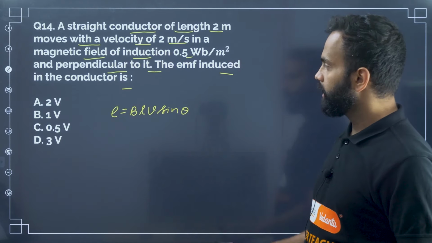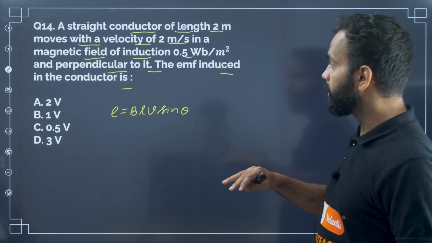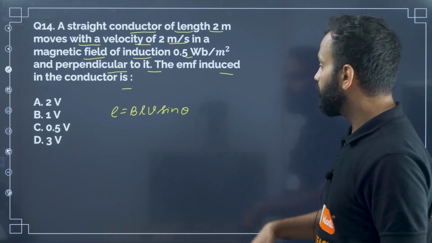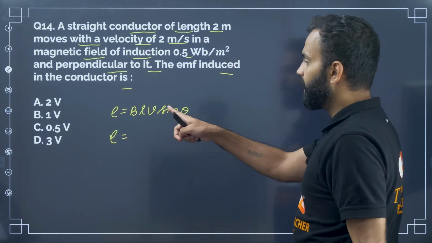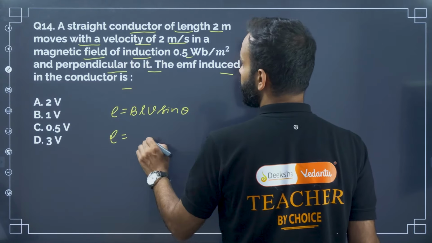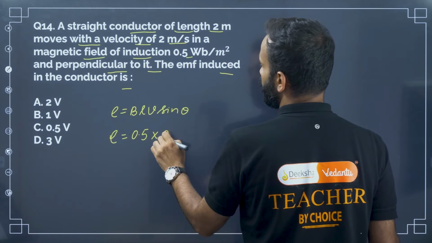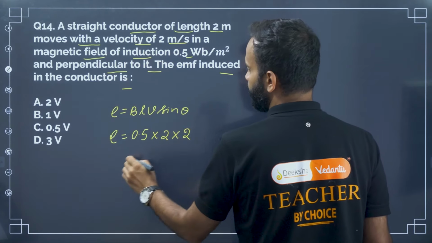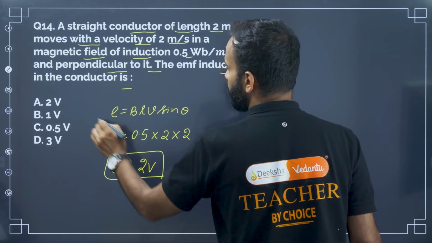Theta is the angle between B and V. Here the wire is moving perpendicular to the magnetic field, so E is equal to BLV sin 90 degree. Sin 90 degree is 1. So B is 0.5, L is 2, V is 2. So E equal to 2 volt. The correct option is A.